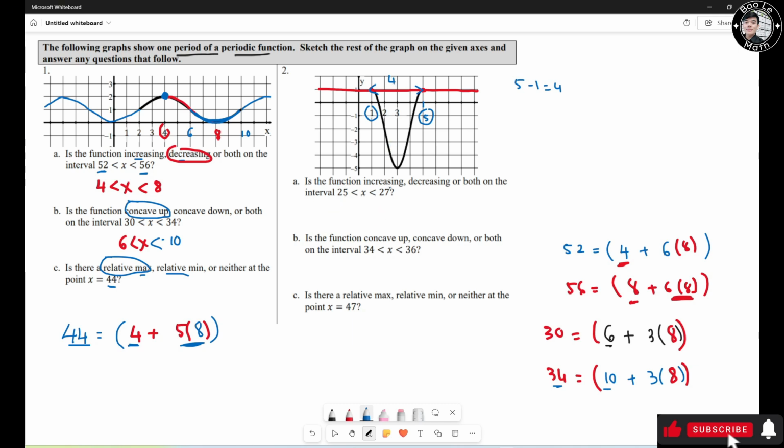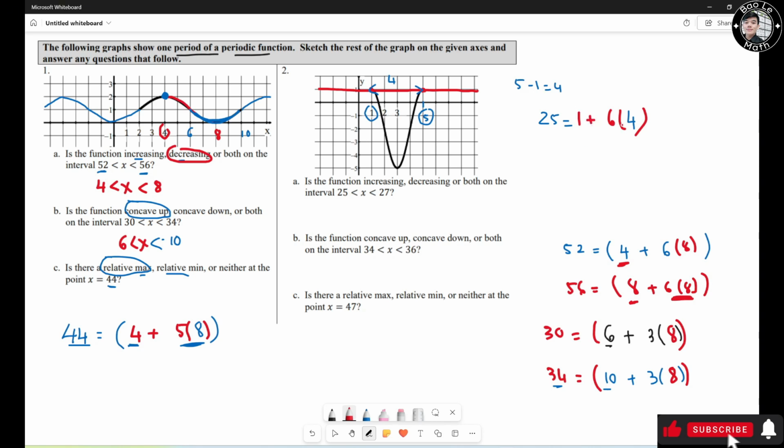Alright, so is the function increasing or decreasing on the interval 25 to 27, right? So we need to write 25 and 27 in terms of the period, which means in terms of 4. Now I need to write 25 in terms of 4. How many times does 4 go into 25? It's going to be 6, right? So I write 6 times 4, and then the remainder is 1.